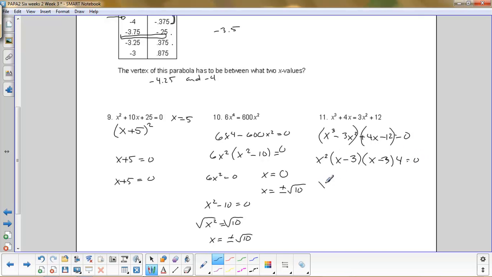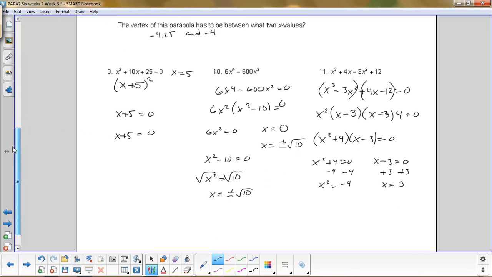Then your answer is x squared plus 4 times x minus 3 equals 0. You're going to do x squared plus 4 equals 0, and x minus 3 equals 0. Subtract 4 from both sides, and you get x squared equals negative 4, and add 3 to both sides, and you get x equals 3.